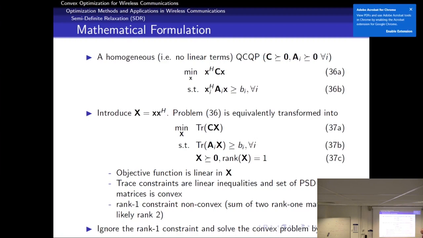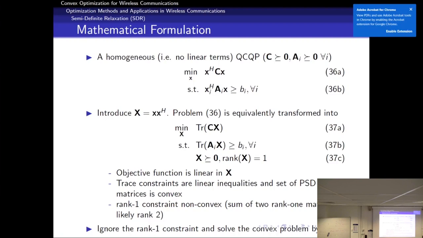And the reason it is non-convex is because if you take any two matrices, and imagine I have X and Y. If it's convex, that means I take X and Y, and if I take just a simple linear combination of them, it will still be in the set, right?